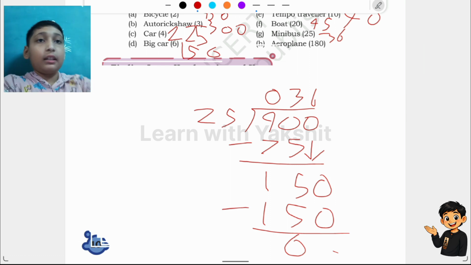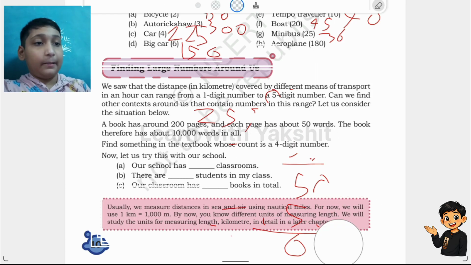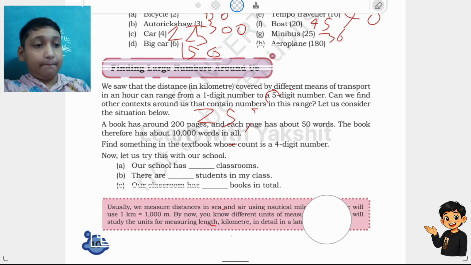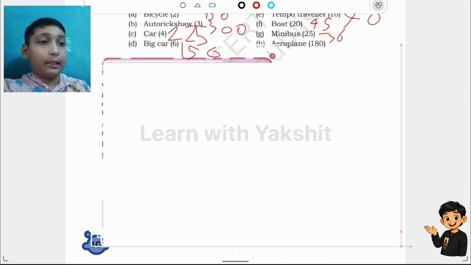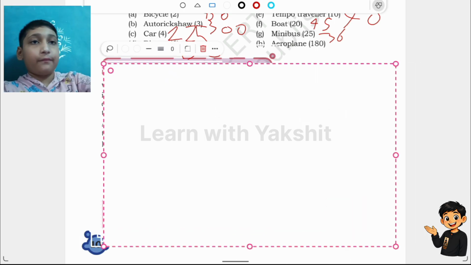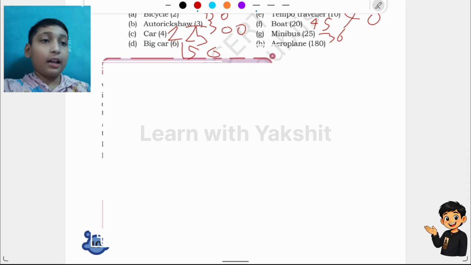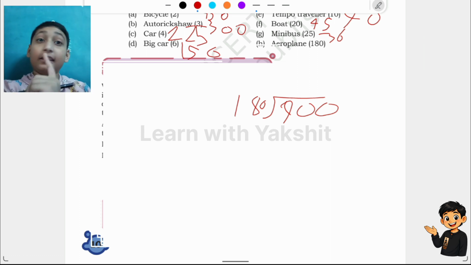36. Now in the last one, as we can see, aeroplane, big aeroplanes. There, make a last big box. And now we have to divide it by 900. Now this is only in the single digits, because if we do the 0, 0, and then what can be divisible by? 5.